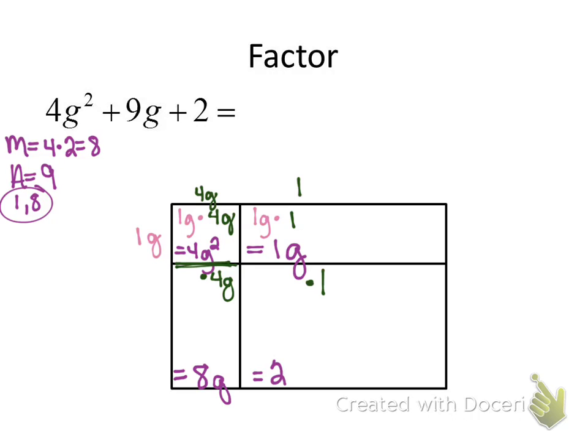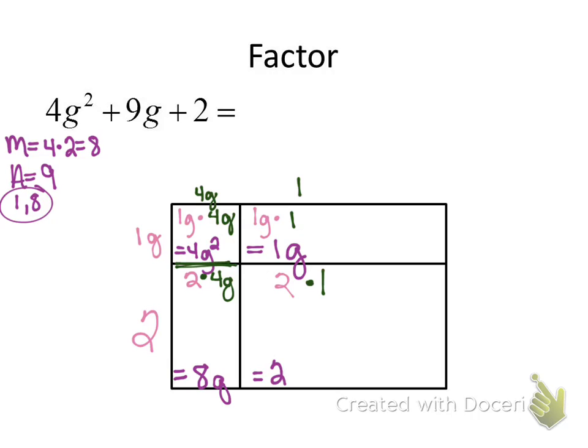So now what can I find? The side part, which is the height. So what times 4G will get me to 8G? So if I plug in a 2 for this height, will 2 times 1 equal 2? Yep, so the height is 2.